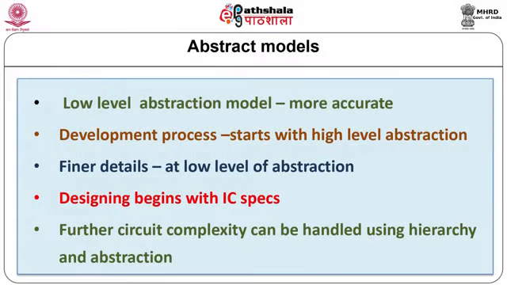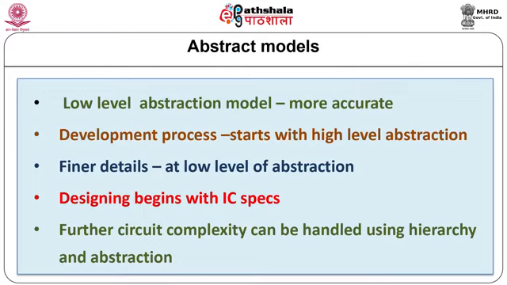Even though the low level abstraction model is more accurate and is closer to the real circuit, it is very complex to handle. Therefore, the development process starts with high level abstraction and concentrates on the most important characteristics. As the system becomes clear, finer details are handled and included at lower level.